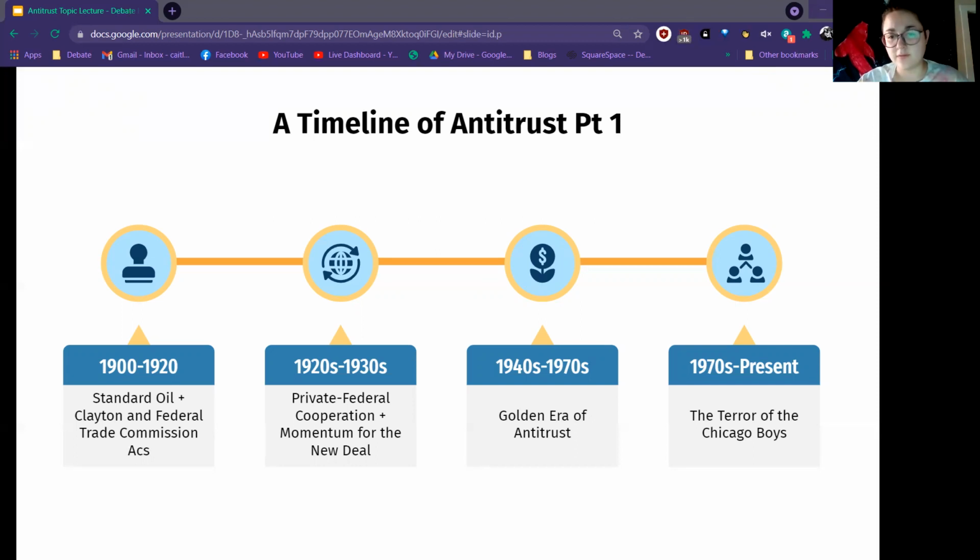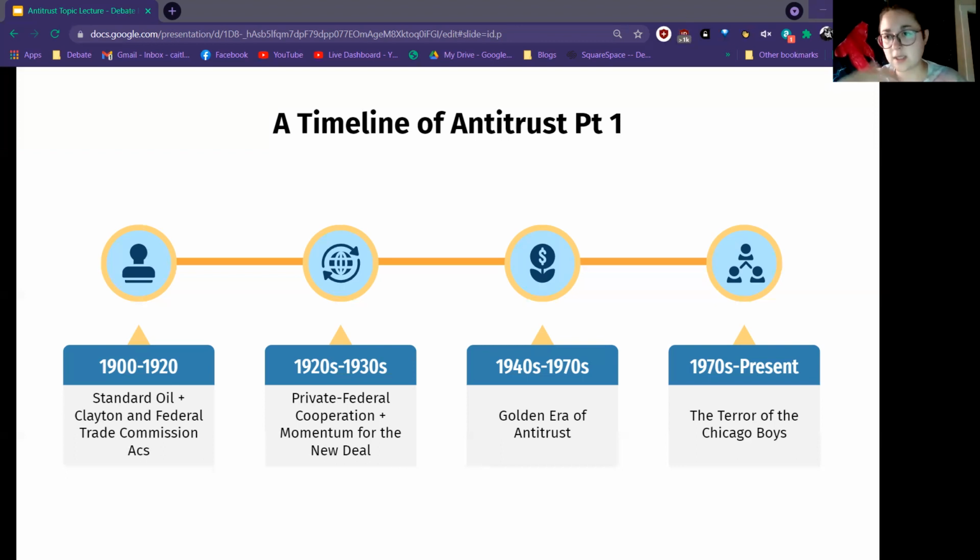And then from the 1940s to the 1970s, we have the golden era of antitrust, when we see the most enforcement, the biggest iterations, and the biggest use of the antitrust laws. And then from the 1970s to basically the present, we see the fallout of the adoption of the Chicago School of Economic Thought, and the move towards unregulated free market capitalism and the fallout of that.